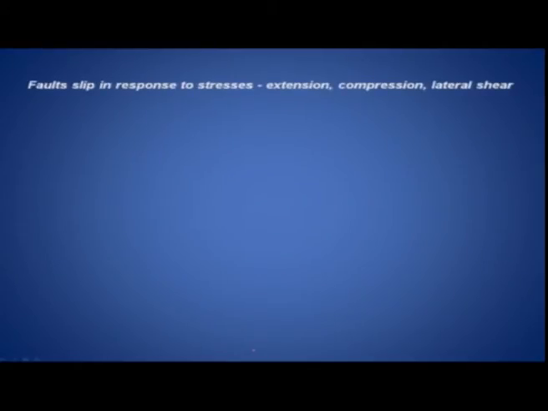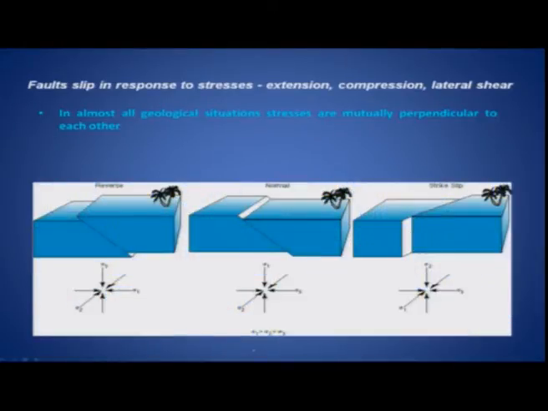This is one of the reasons why we want to identify the active faults on the surface. Fault slip is the response to stresses, whether extensional, compressional or lateral shear. In almost all geological situations, the stresses are mutually perpendicular to each other. Here we are talking about sigma 1, sigma 2 and sigma 3: the maximum, the intermediate and the minimum.